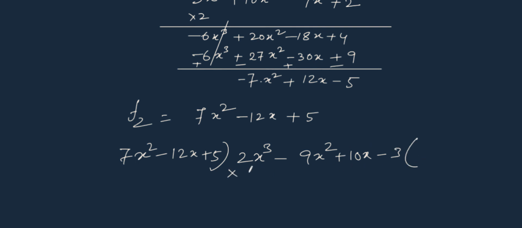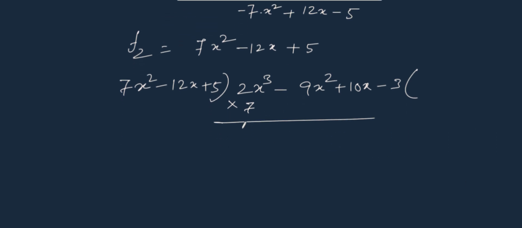So multiply this by 7, we'll get 14x cube, negative 63x square plus 70x minus 21.